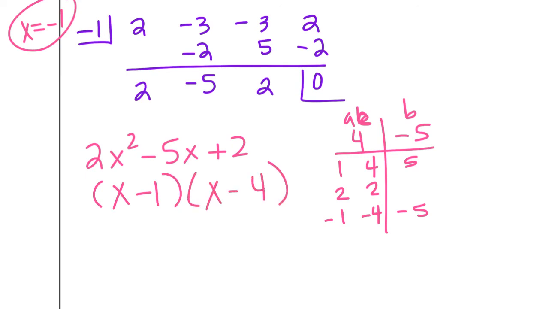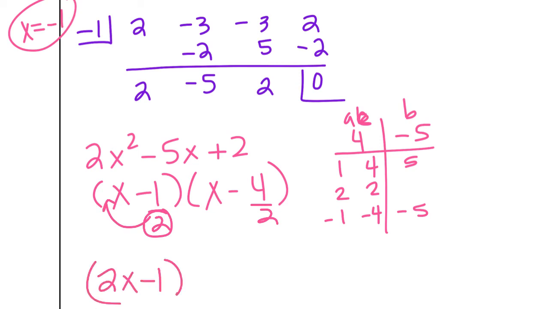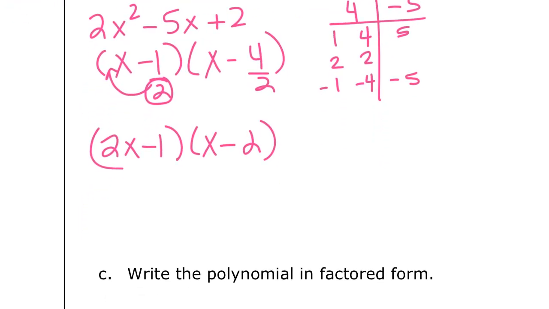Okay, then we need to divide by 2. Since I had my leading coefficient of 2, we're going to divide by that. That first one, that fraction, let's move this 2 up. And in this one, 4 over 2 is just 2. Now that I have my factors, I can set them each equal to 0.